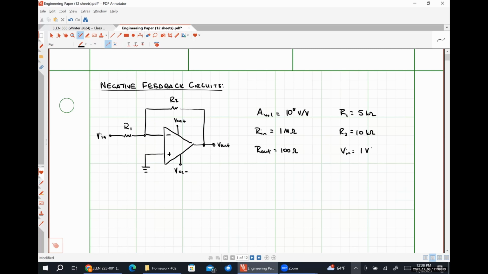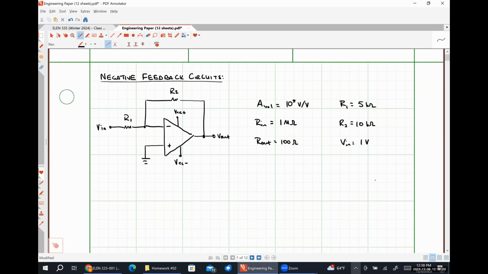We are going to find a number of quantities here, so I'm going to go ahead and define what they are. First, I want us to find the output voltage of our system.